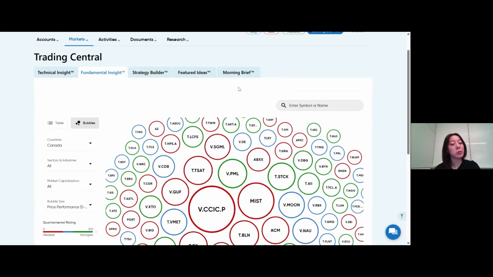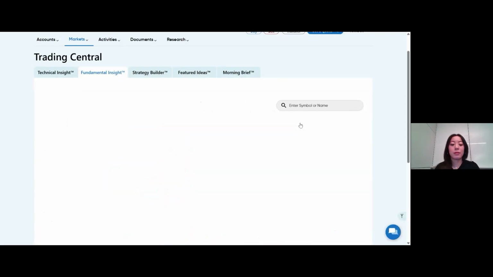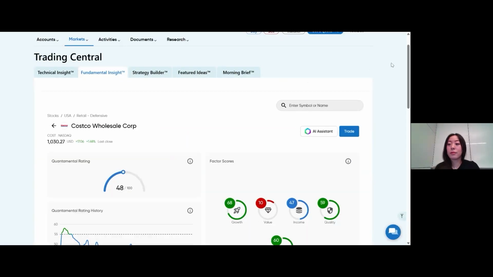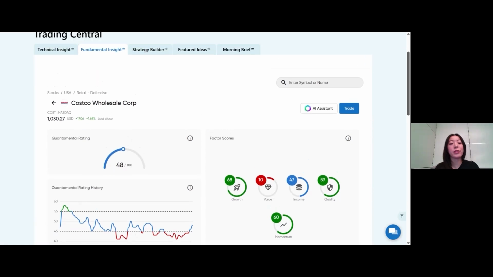Now, let's say you again had a stock in mind and you wanted to use Fundamental Insight to analyze it. Let's do Costco again. And here you can see a breakdown of Costco using the Fundamental Insight tool.